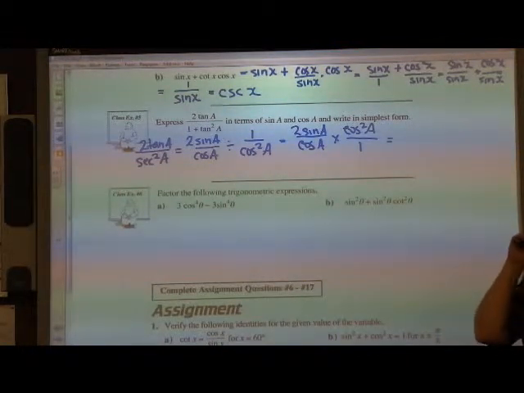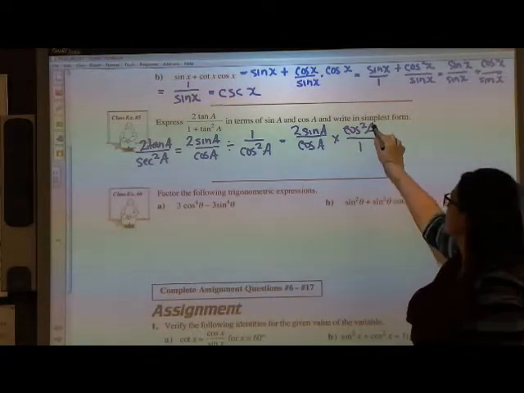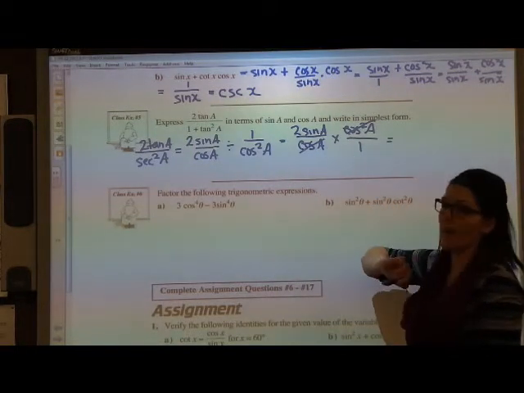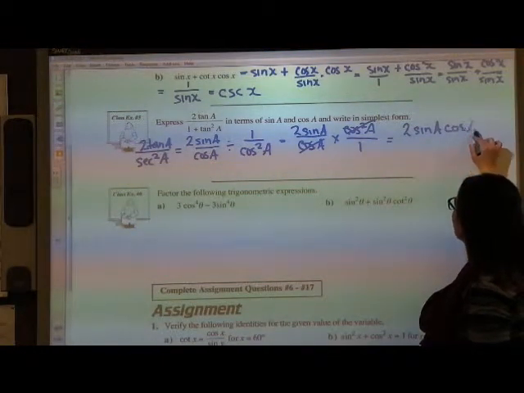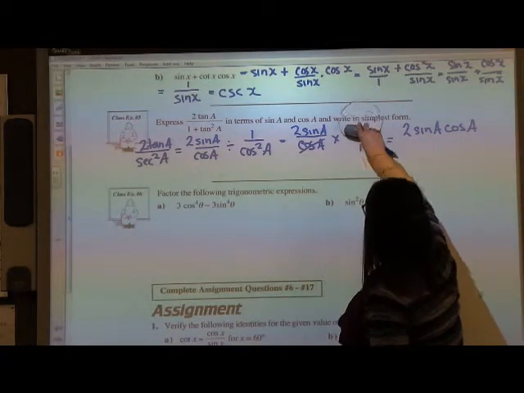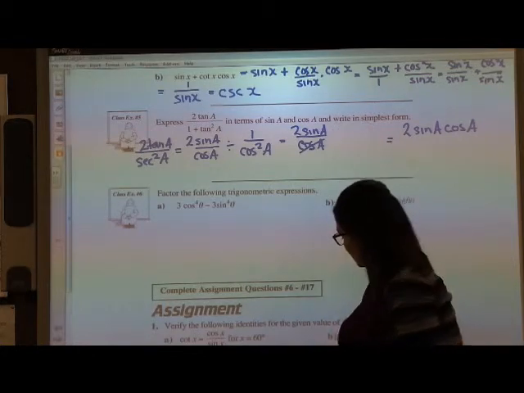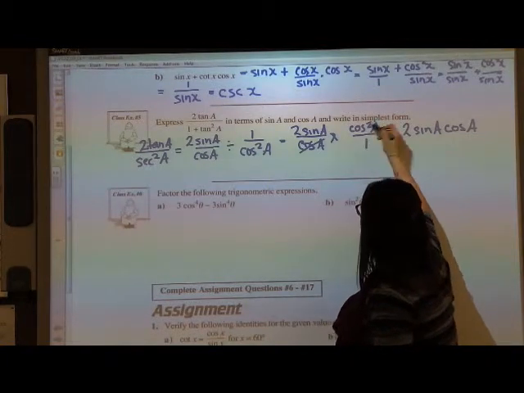Is anything going to cancel? Cancel cos a. I can cancel one of these with that. So that would leave me with a 2 sine a cos a on the top and 1 on the bottom. So I should write it like this, times cos squared a over 1, and then I just cross out the 2.